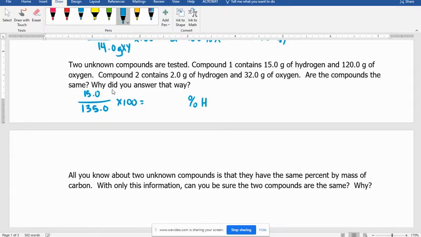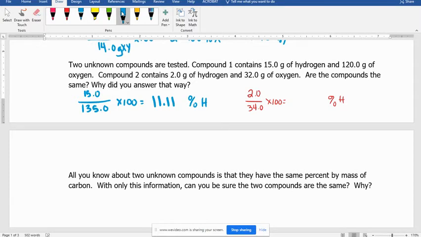If we look at compound 2, we have 2.0 divided by 34, because our total amount would be 34. And that's going to give us our percent hydrogen here. Okay. So 15 divided by 135, that's 11.1%.